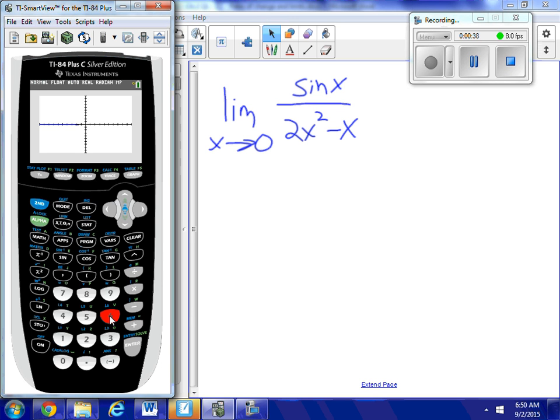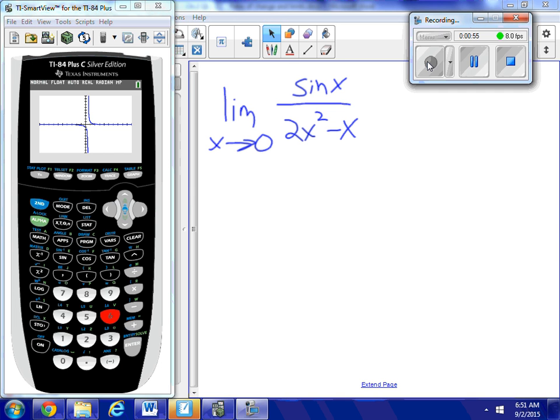Oh, looks like a straight line. Oh, and then it kind of goes down, I have a couple of branches there. So I'm looking for this as x approaches 0, and I think I'd like to zoom in on it. The way I like to zoom in on things is to change the window.